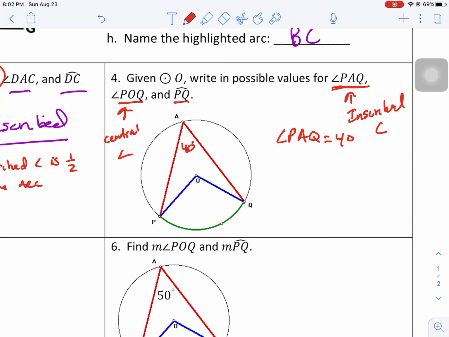Okay, we know that this is half of the arc, so that arc has to be 80. Now the other piece that we did on Friday is central angles equal the arc. So we know if this is 40 and the arc is 80, then the central angle has to be equal to the same arc, 80. Okay? And that's how it works.